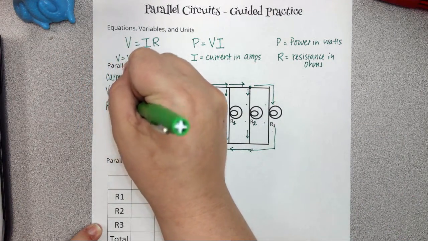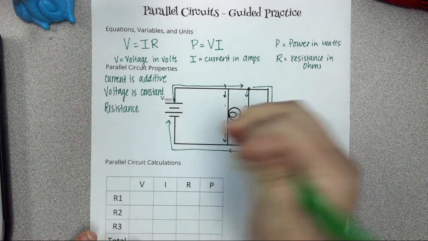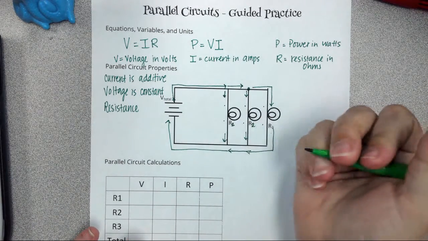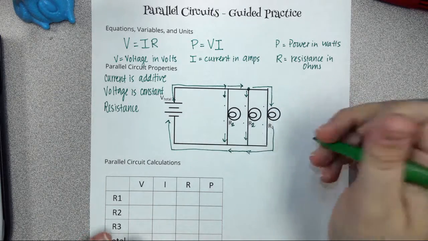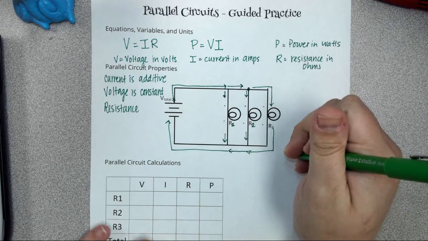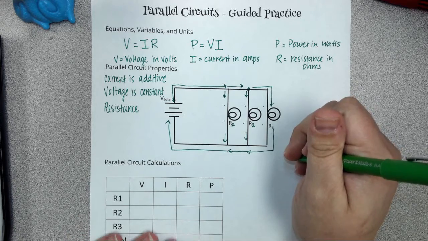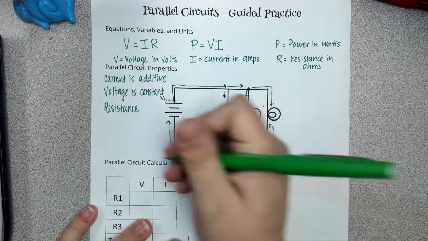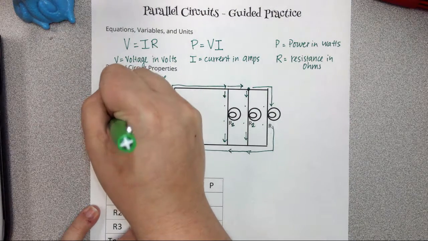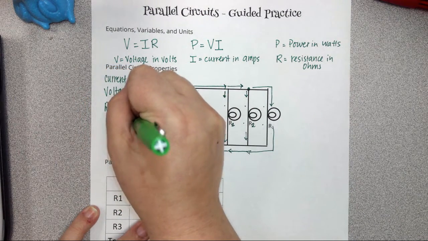Because when we add branches in a parallel circuit, we're actually able to decrease the overall resistance because now charges have more options. It's kind of like going from 1 lane on a highway to having 3 lanes on a highway. It's a lot harder to make it through that 1 lane with the same amount of cars than it is if you have 3. So we call resistance inverse additive.